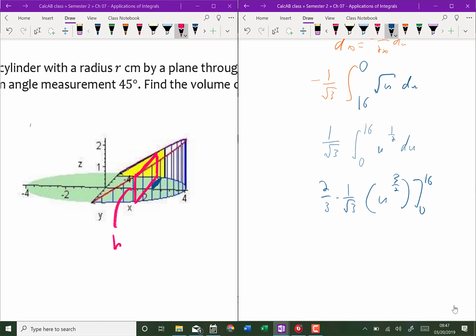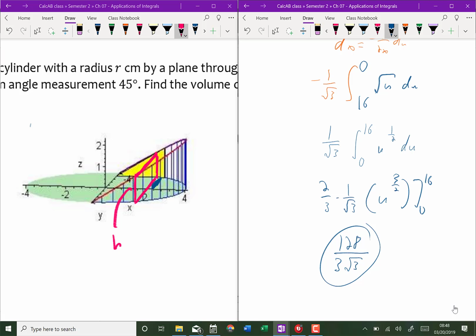Finally, 16 to the 3/2 is the square root of 16 cubed. So that's 64. 64 times 2 is 128. I get 128 over 3 root 3, which is fine to leave it like that.